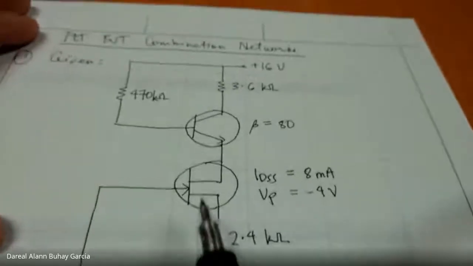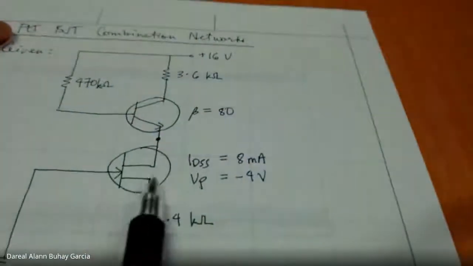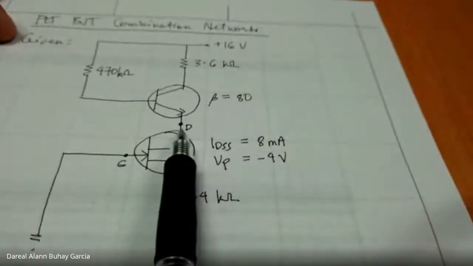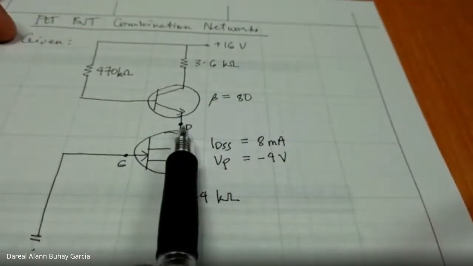So where is our FET here? This is the drain of our FET device, the gate, source, drain. So the question is, what is the voltage measured from the drain to the ground?